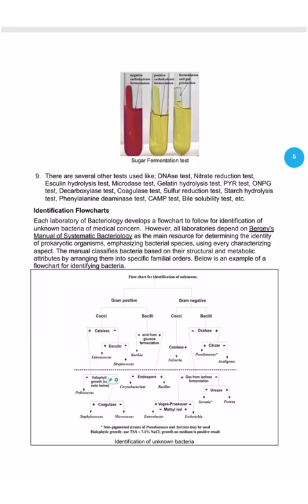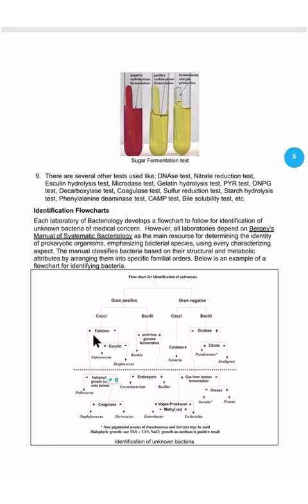These labs put flowcharts, as you can see here, an example of a flowchart from one of the labs. If they have an unknown bacteria, they first stain the bacteria and define if it is gram positive or gram negative, and then define if it is cocci or bacilli, and then they perform catalase.